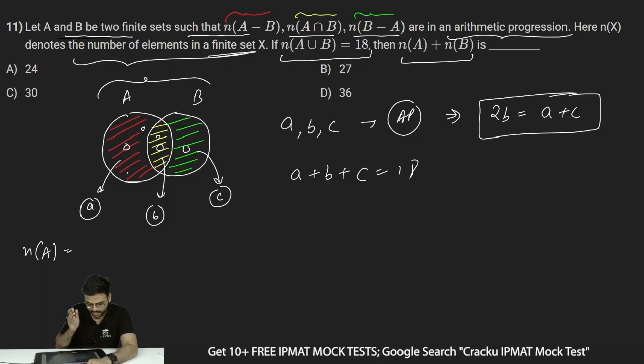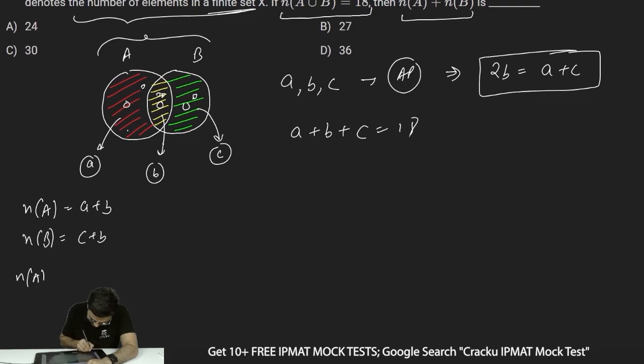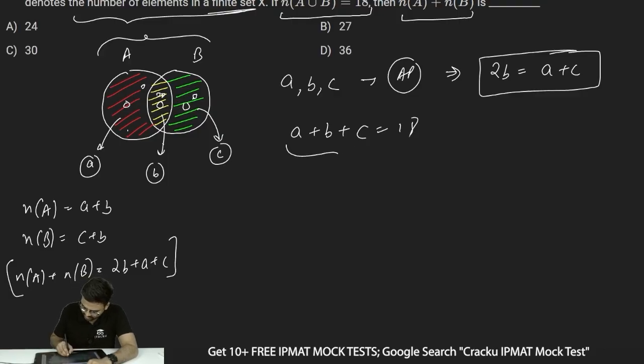So only n(A minus B) will not work, I have to consider the intersection part as well. And what is n(B)? n(B) is this part plus this part, so it is c plus b. So I can write n(A) plus n(B) will be 2b plus a plus c. Now a plus b plus c is equal to 18.